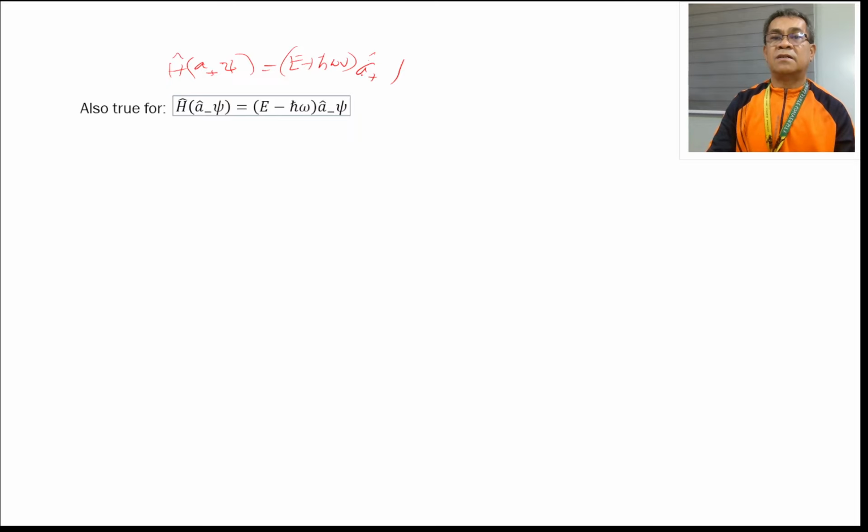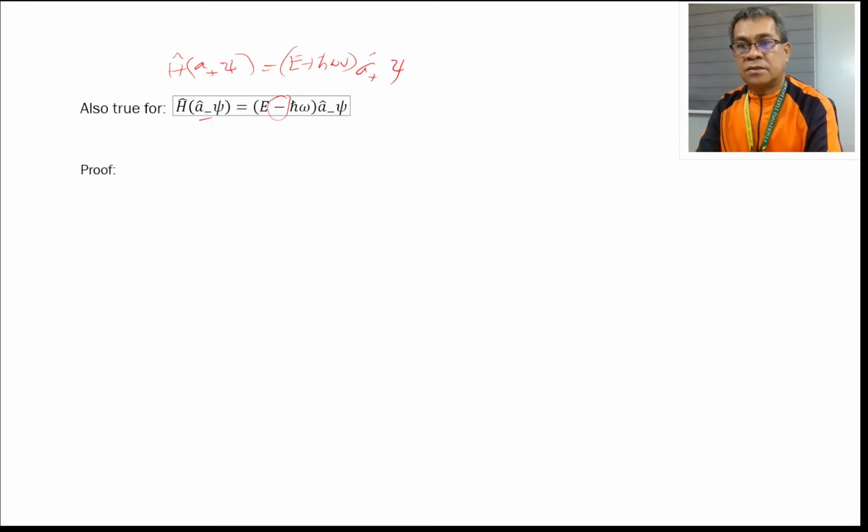Then what will happen if we have the lowering operator instead of the raising operator? The difference is this becomes minus. So if we apply the raising operator, it will level up its energy. The energy increases by how much? H bar omega. If we let the lowering operator act on psi, then it will deduct the amount of negative H bar omega.